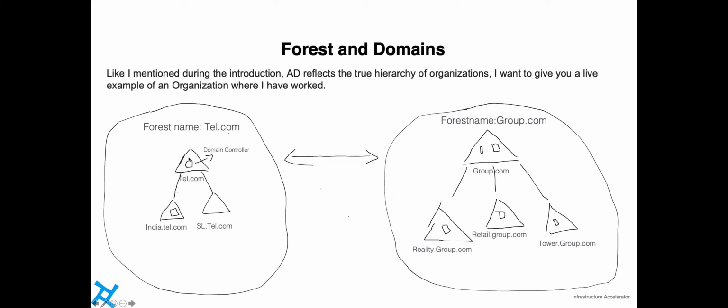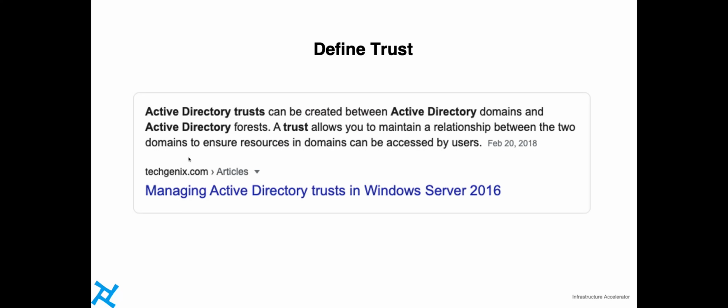So this is what a trust is. Let's read the definition again. Active Directory trust can be created between two Active Directory domains or forests. That's what I said. And it allows you to maintain a relationship between two domains or forests to ensure resources in this domain can be accessed by the users of the other domain.